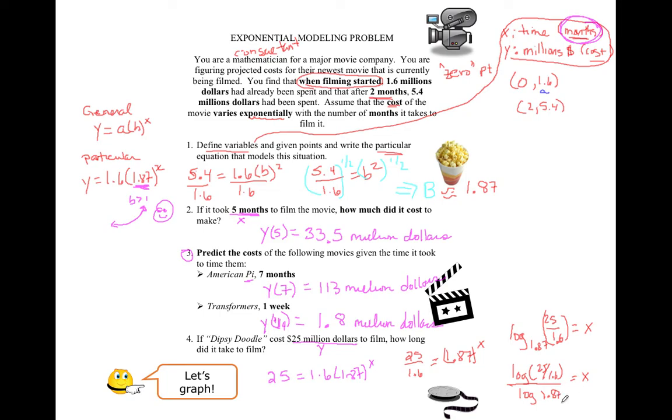And when I use my calculator, I am not going to type 1.87. I'm going to hit log 25 divided by 1.6, close the parentheses, and I'm going to divide that by log alpha b. Okay.